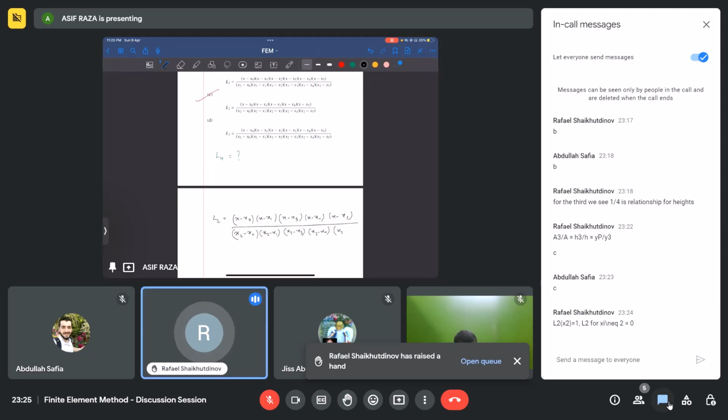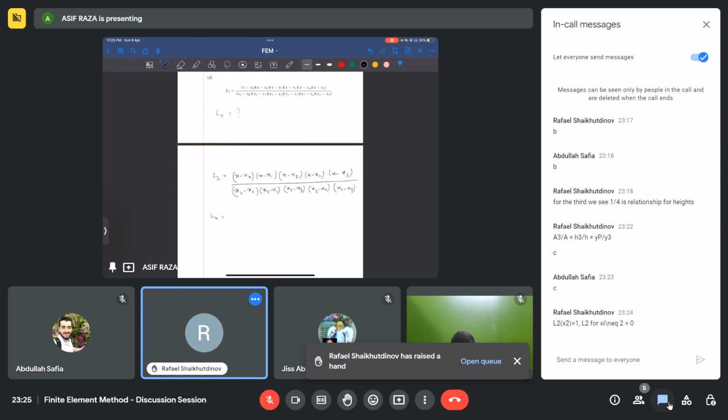For L4, we should have x1 minus xi in the denominator, and p. Okay, I can name all of them: x minus x0, x minus x1, x minus x3, x minus x5.